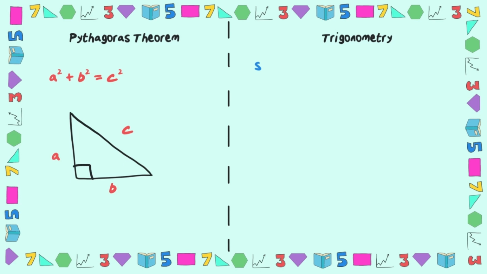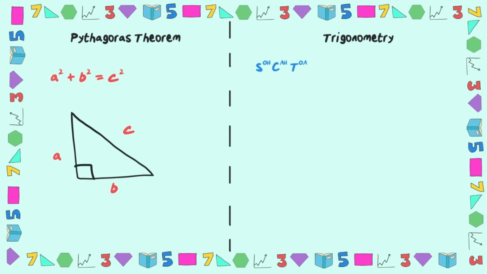Then for trigonometry, there is a formula we have, but the way we remember this formula is using SOH CAH TOA. SOH is SOH, CAH is CAH, and TOA is TOA. These are the formulas that go with it.